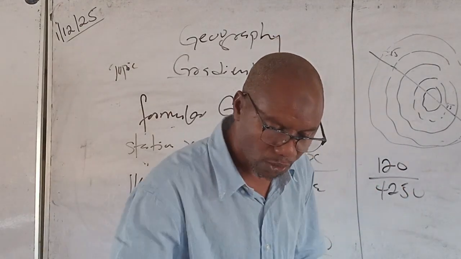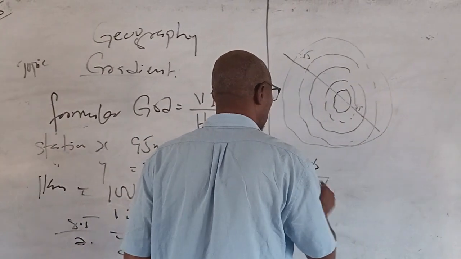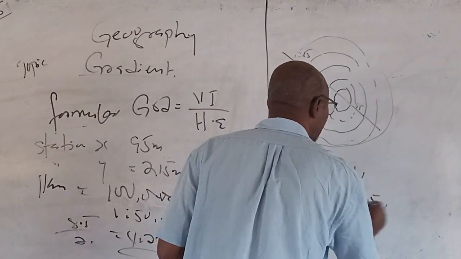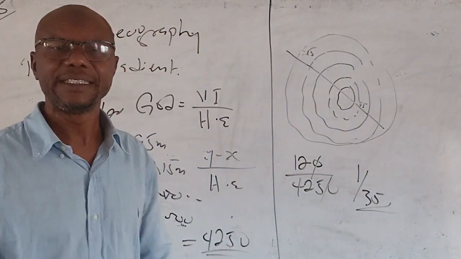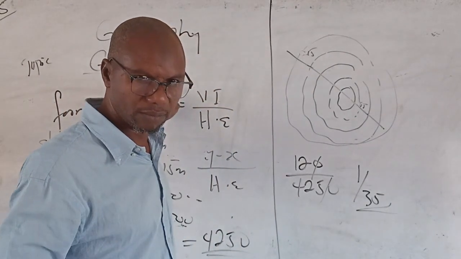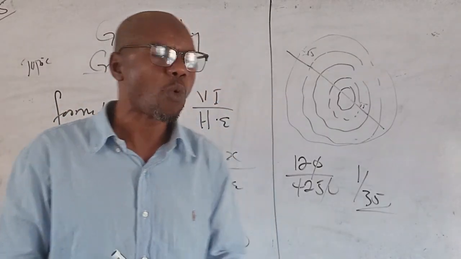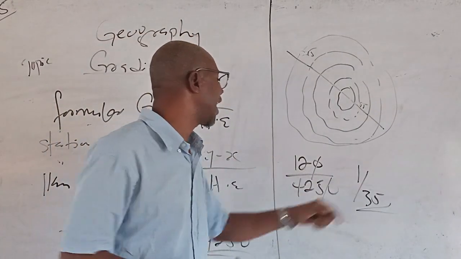When you cancel it, you arrive at a ratio of 1:35. This is the steepness of the mountain. The result can be expressed as 1:35.